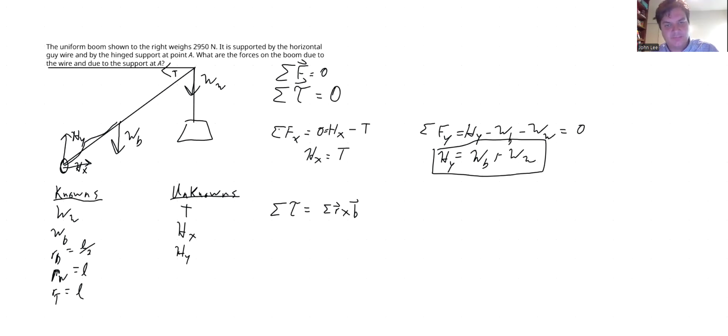R cross F is equal to R perpendicular times the force, or alternatively is equal to R times the force that's perpendicular to R. So R perpendicular is going to be a little ungainly when it comes to drawing these out. So I'm going to find the force that's perpendicular to R. That means finding the force that is in the direction perpendicular to R.